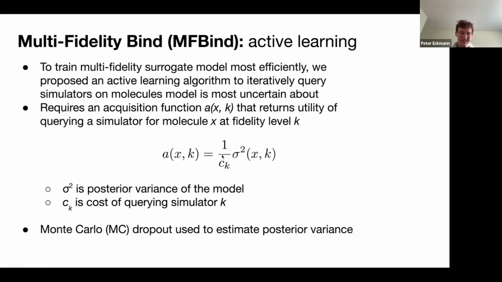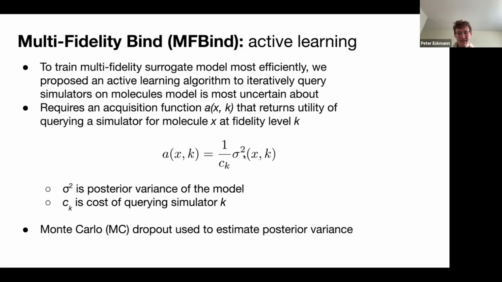So this first term here, which is 1 over c sub k, cost weights the acquisition function. So if we have a more expensive simulator that takes more time to run, the acquisition value will be lower, which is what we want, because we don't want the function constantly querying the high accuracy simulator.